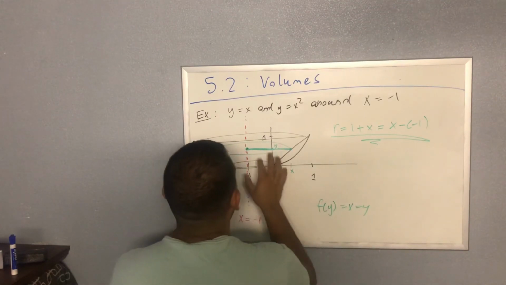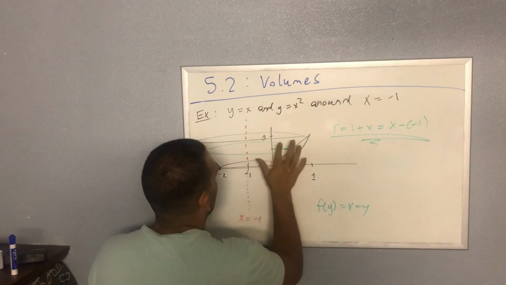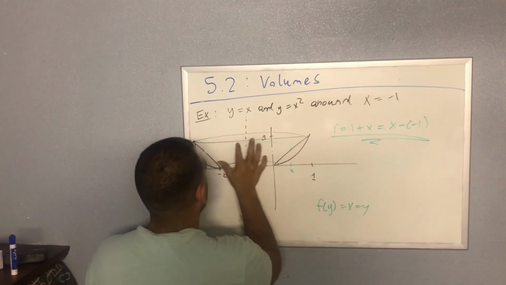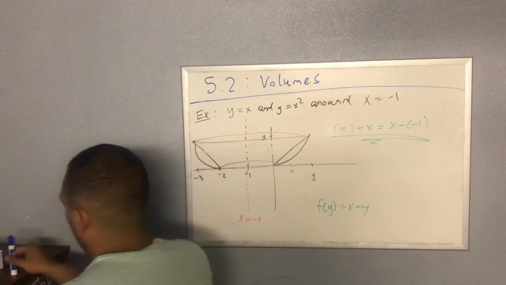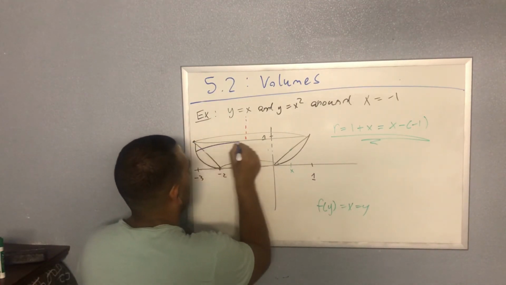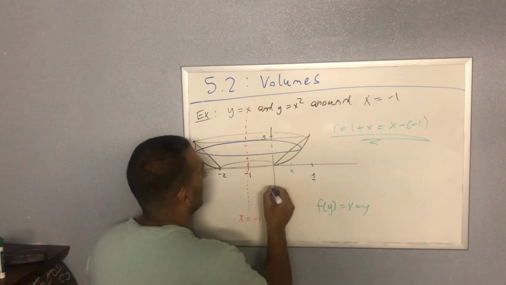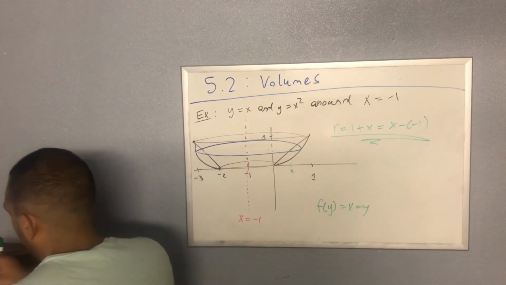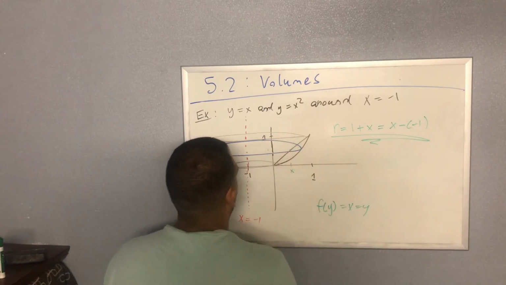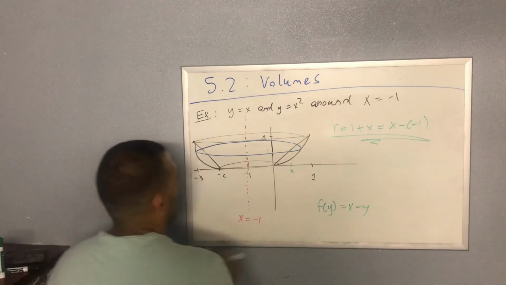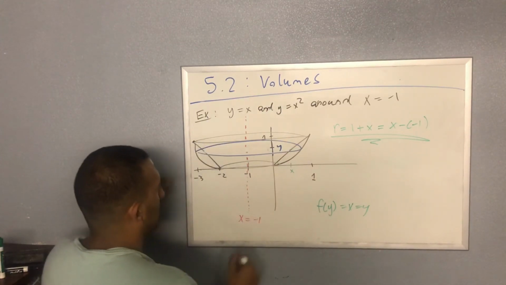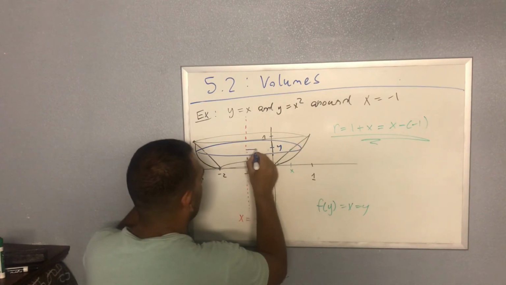Now we want the bigger radius. Then the big radius here is, if I tell you this disk was made at y units up, what is this distance again from here to here?